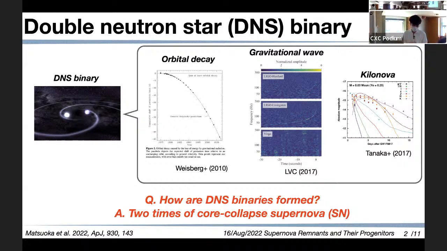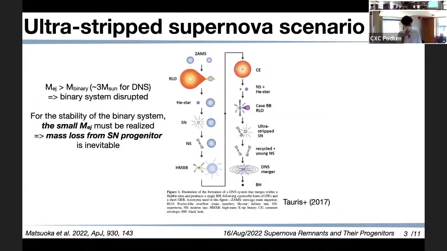The naive answer is that they are made by two successive supernovae. Recently, a scenario called the ultra-stripped supernova scenario has been proposed.